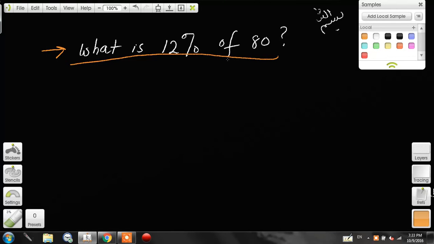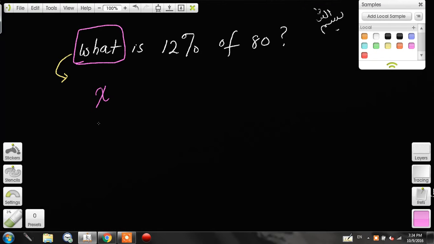Once you've done that, it becomes very easy, because then you translate that into an equation. Every single word here can be expressed in a mathematical form. For example, the word what is translated as a variable, x. We don't know what it is, so we put an x there.